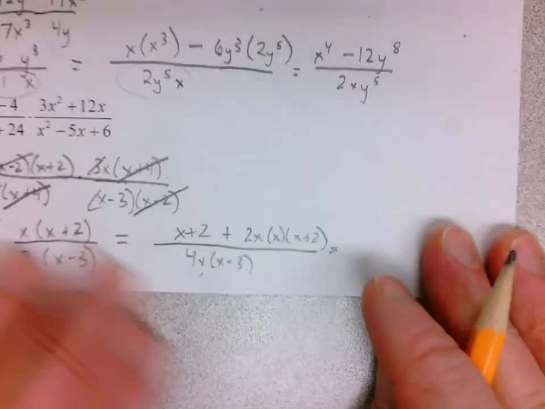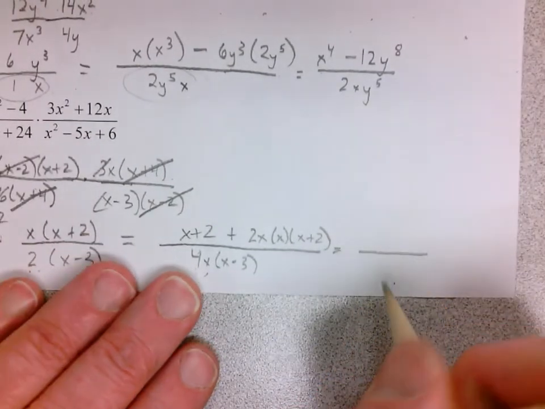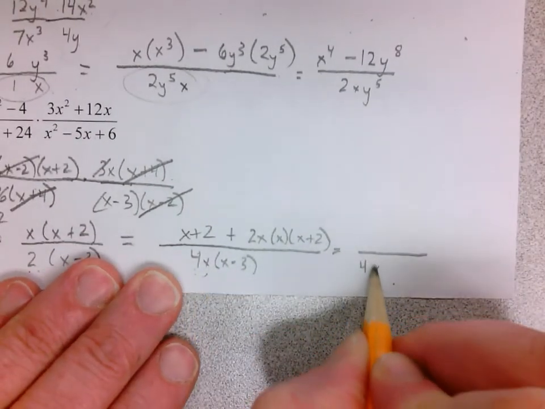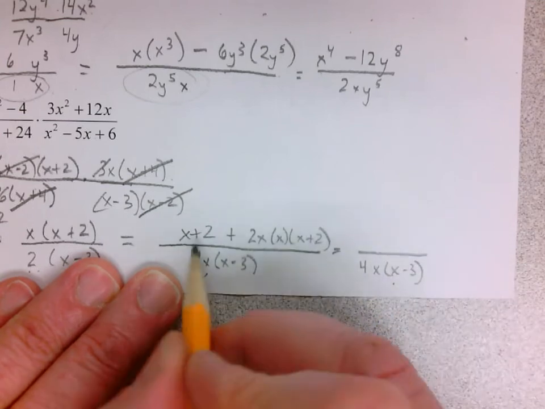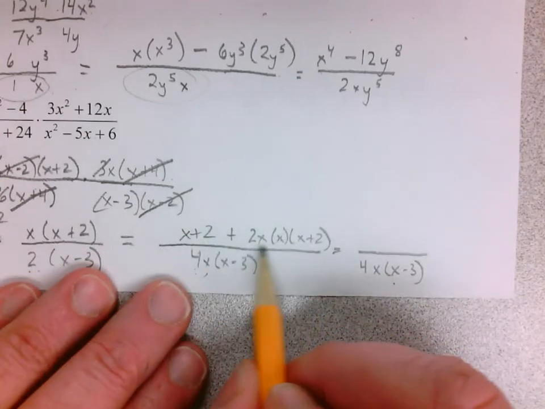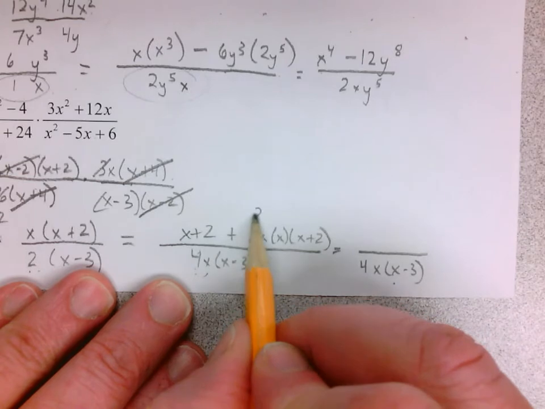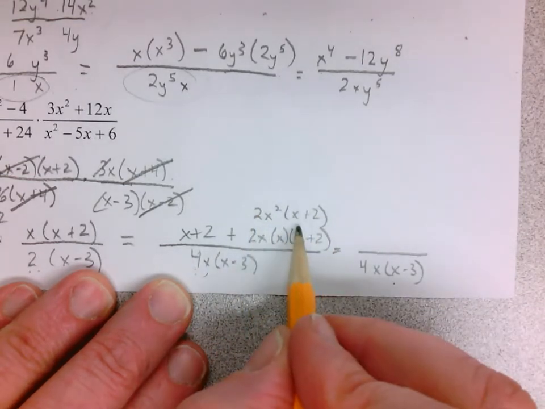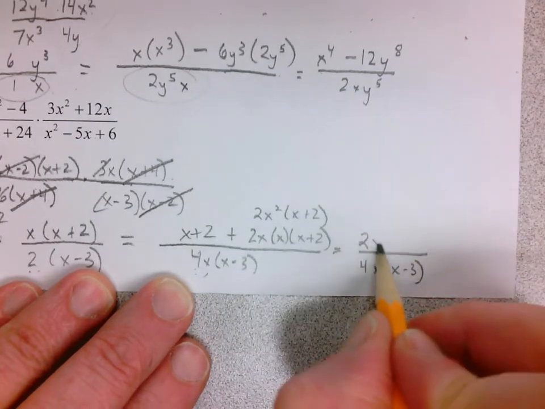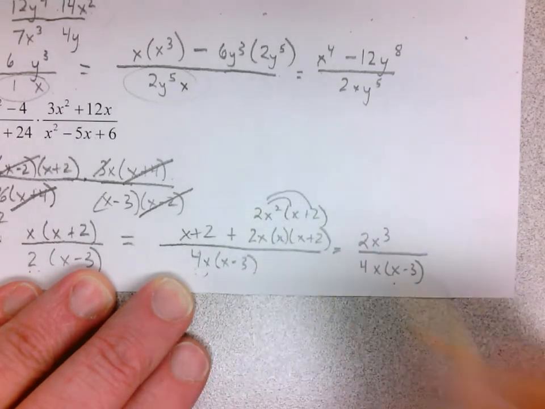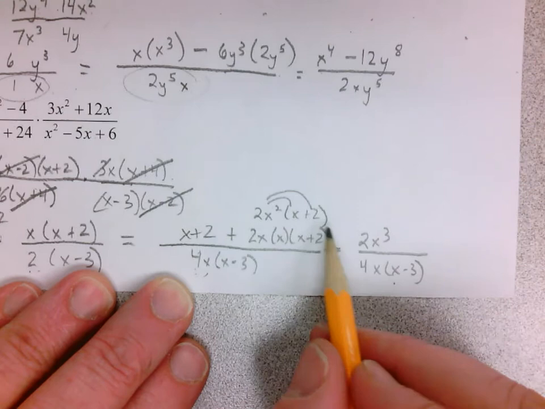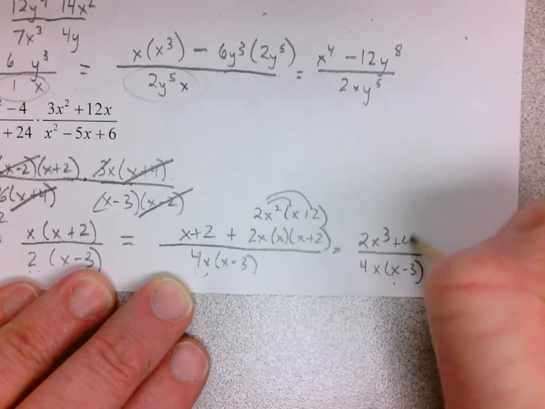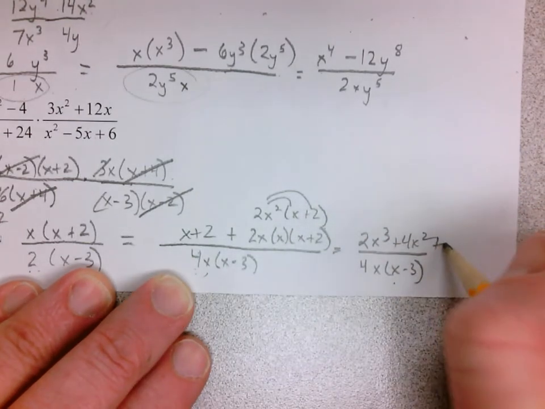Now I just need to simplify carefully. So I have 4x times x minus 3 as the denominator. Be careful here. This is 2x squared times x plus 2, which would be 2x to the third plus 4x squared plus x plus 2.